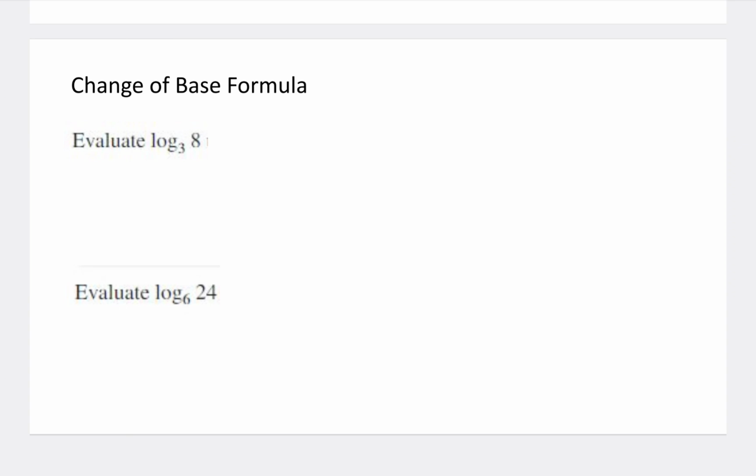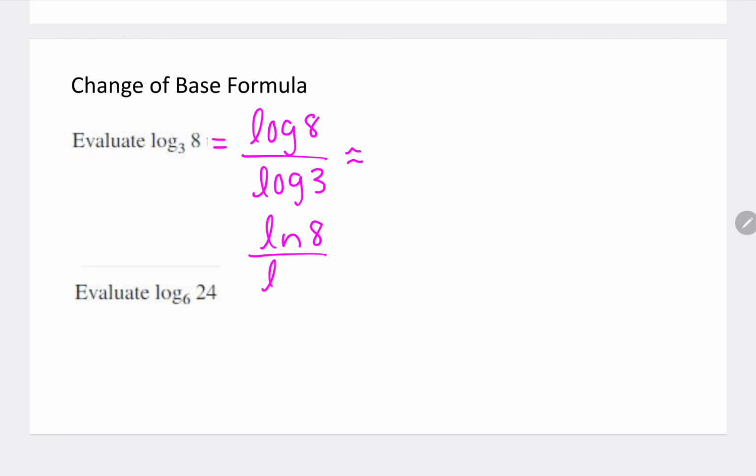What the change of base formula does is it says if you use either the common log or the natural log, you can calculate log base 3 of 8 by doing log of 8 divided by log of 3 on your calculator, or you can do ln of 8 divided by ln of 3 on your calculator. That's the change of base formula. So previously we were not able to calculate this, but using the change of base formula we can.